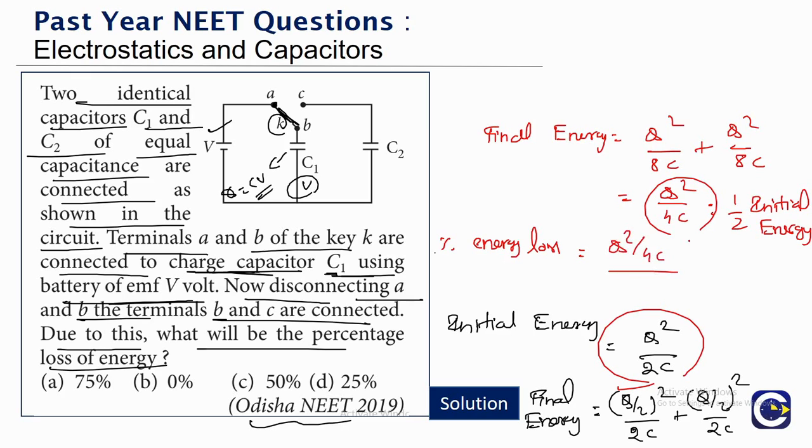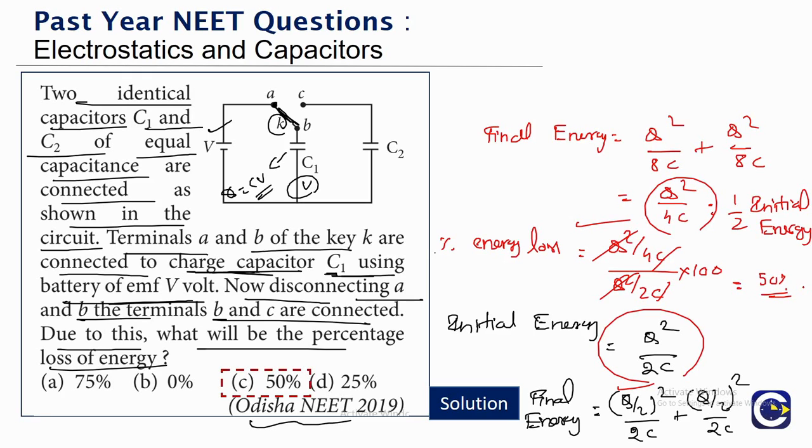That is why the remaining is only Q square by 4C. The amount of energy lost divided by the initial energy, into 100, right? So what do we get here? 50%. We don't even need to do the steps. We can just conclude by looking at the values. If the final energy is half, then 50% is lost.